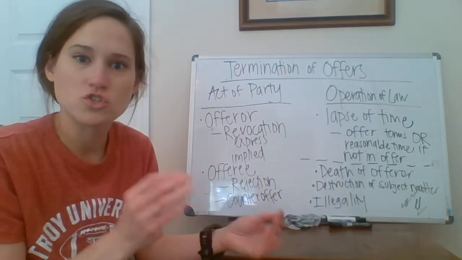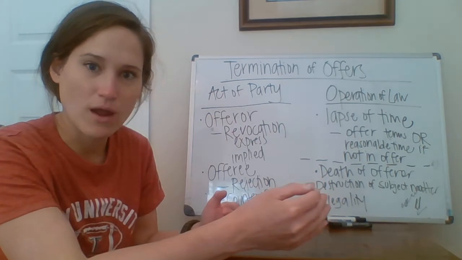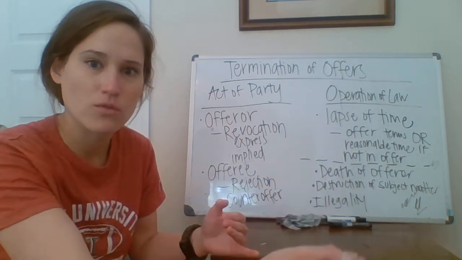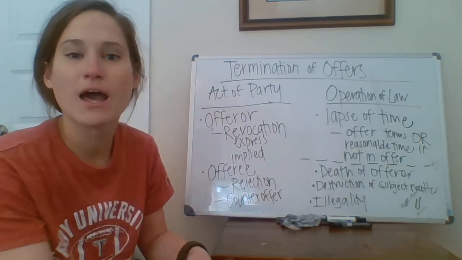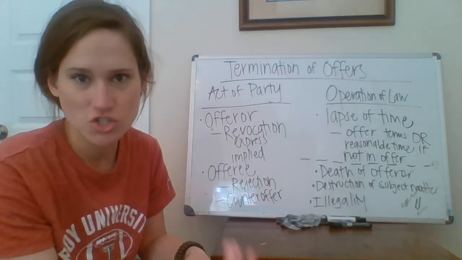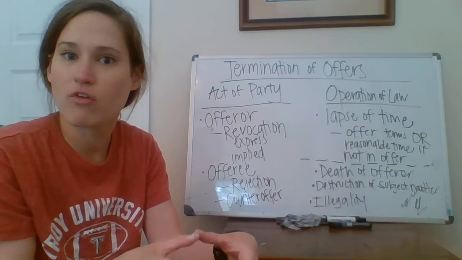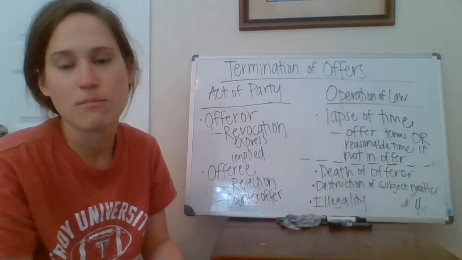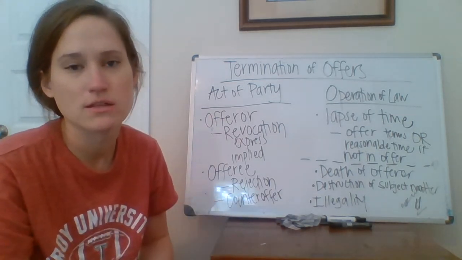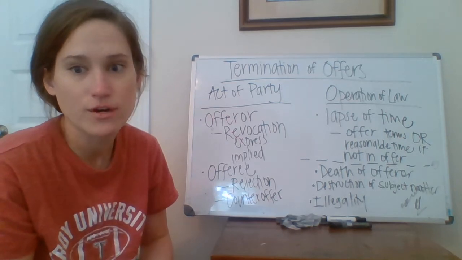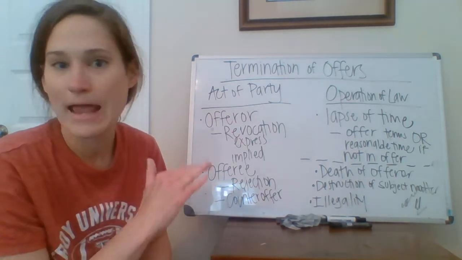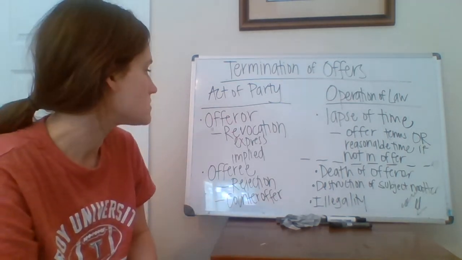Now, we do have that offer. What you're giving me is your promise to hold the offer open, but because I've given you consideration in exchange for that, we now have a binding contract. So it is possible to do that, but if you haven't created an option contract and it's just a basic offer, it can be revoked at any time prior to acceptance.